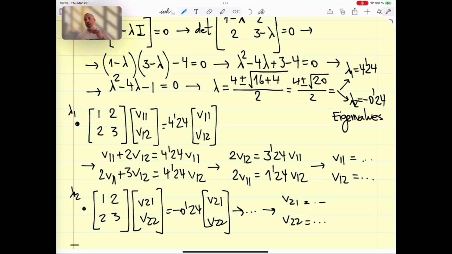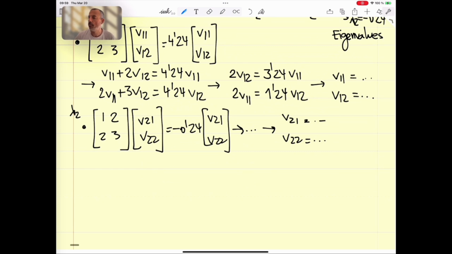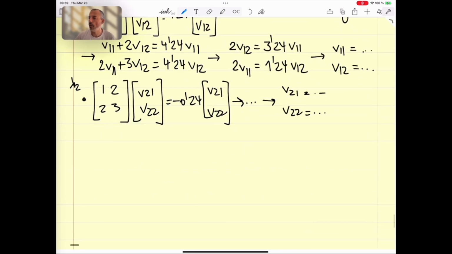So the eigenvectors, what they are describing in this context is if you have a network of nodes, the eigenvectors of the Laplacian, they are describing how you can partition the graph in clusters.